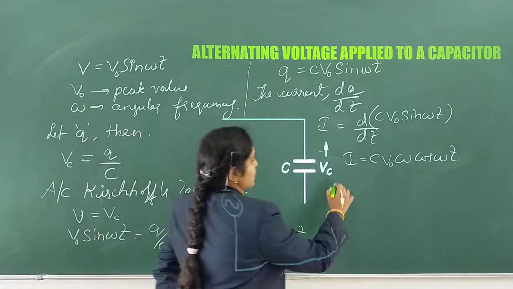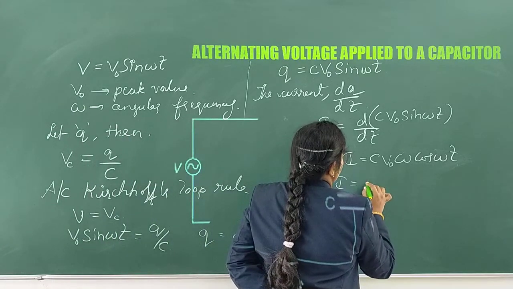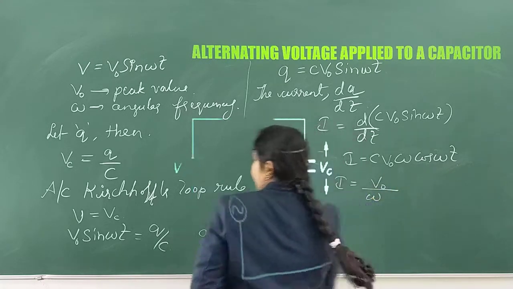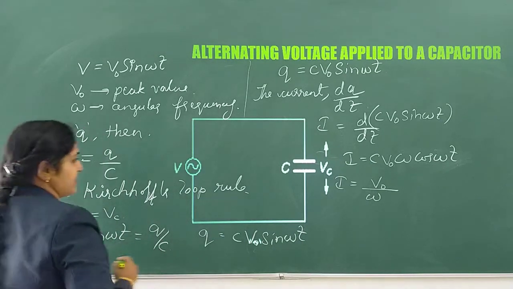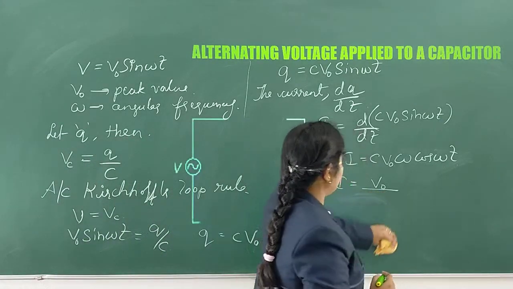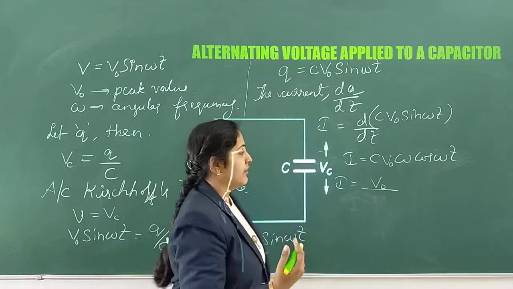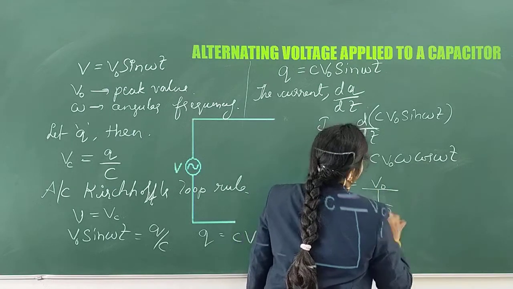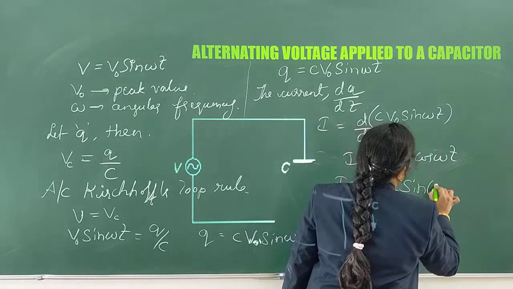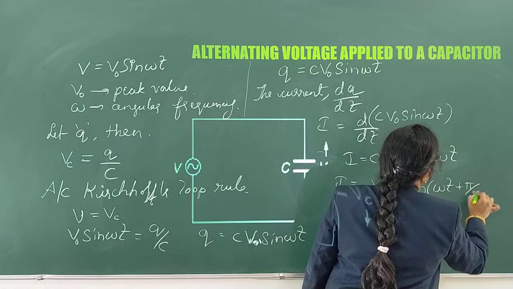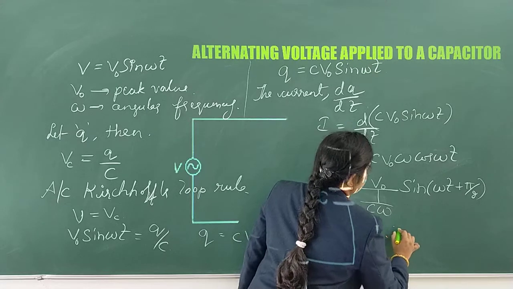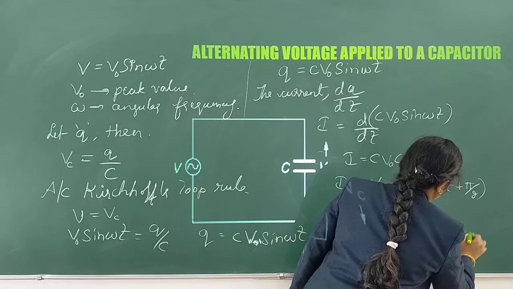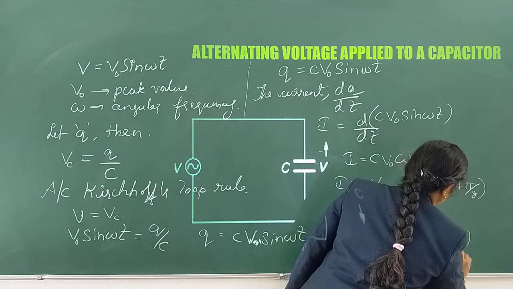I can write this C omega as 1 by C omega in the denominator, because the denominator goes to numerator. So this becomes sin omega t plus pi by 2, because sin omega t plus pi by 2 is equal to cos omega t.